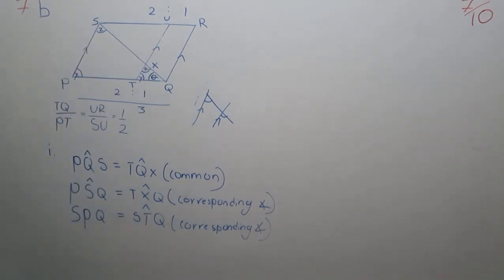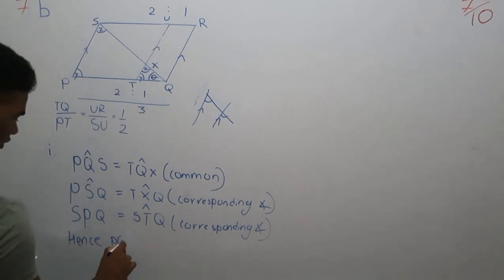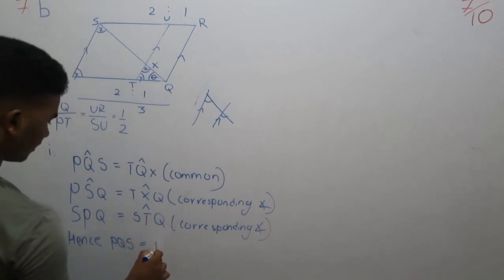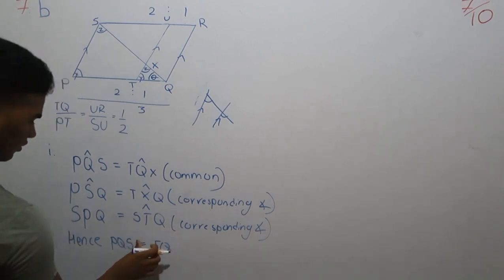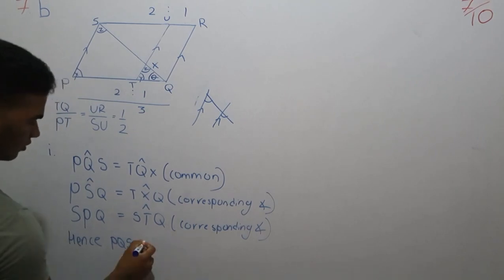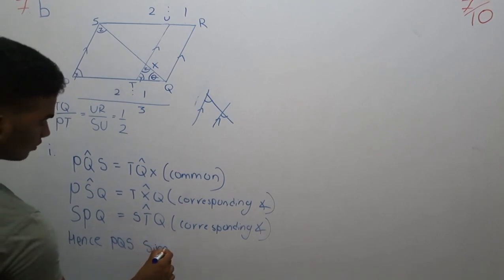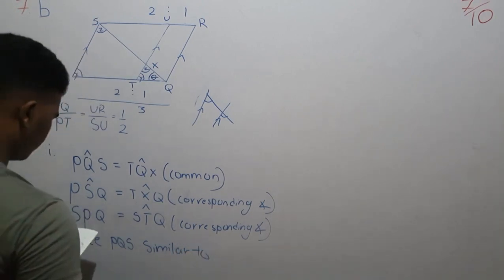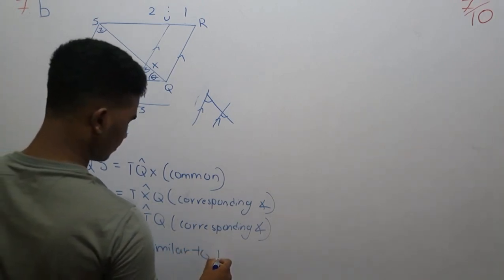So write the final statement. Hence triangle PQS is similar to triangle TQX. Without any equal sign, write similar.